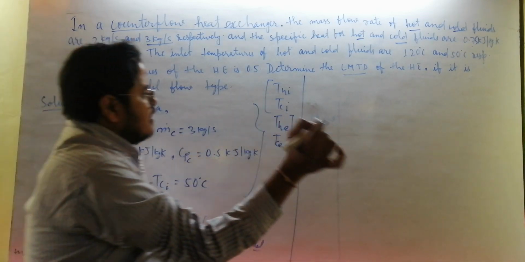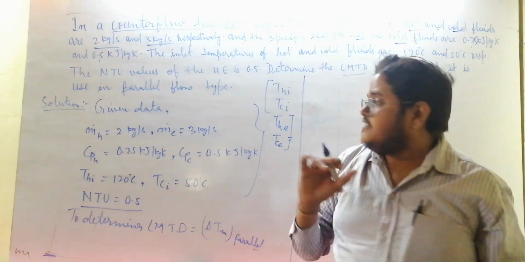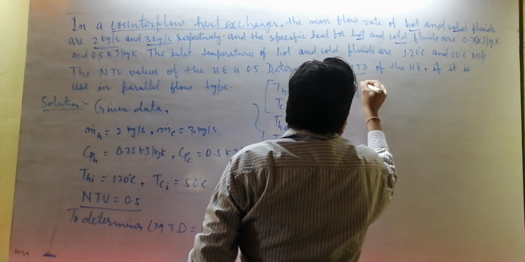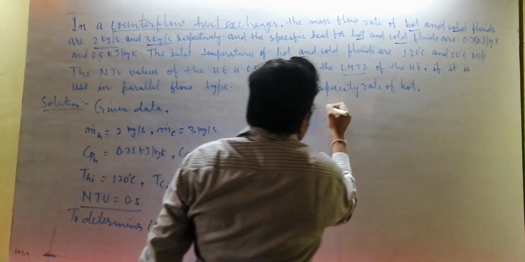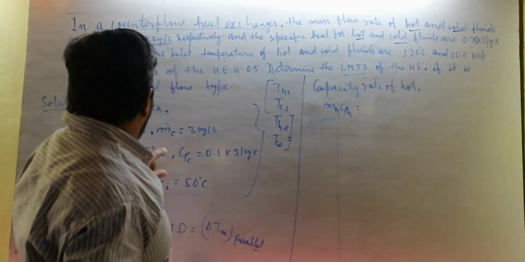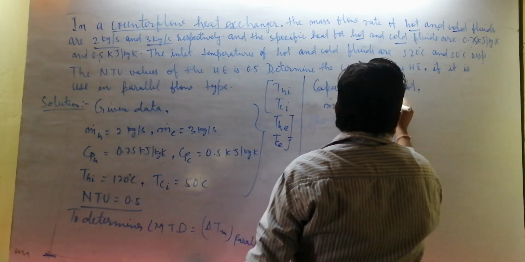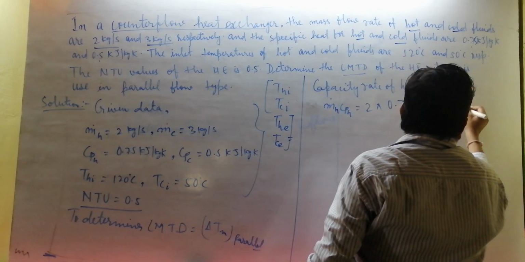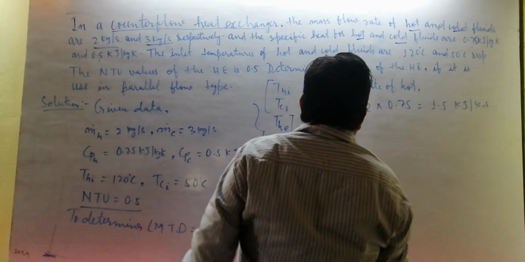First of all I will calculate the capacity rate. The capacity rate of hot fluid is m dot h Cph. Here m dot h is 2 into Cph 0.75, and that value is 1.5 kilojoule per Kelvin second, kg cancels out.